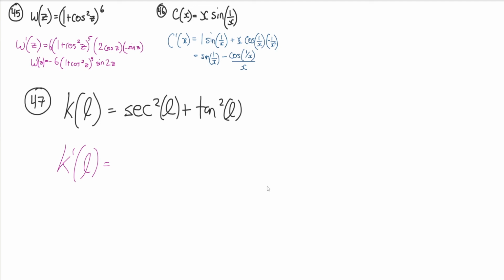Secant squared L. So remember that the derivative of secant of x is sine of x over cos squared of x, right? So that's just sine of secant of x, right? Is that right? Let's not speak out of turn here. Yeah.